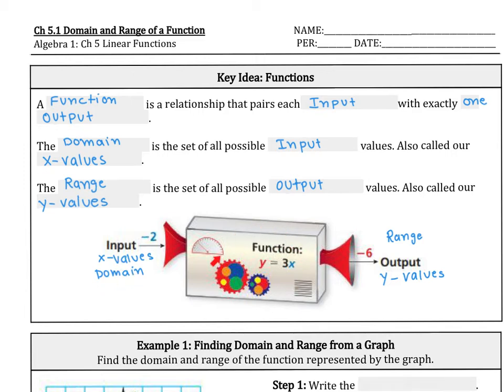It will grind those, or mix them in the mixer, and you get the output as orange juice. What you put in is called domain or x values, which is oranges. The machine is a function. What you get as output is range or y value, which in this case is juice.